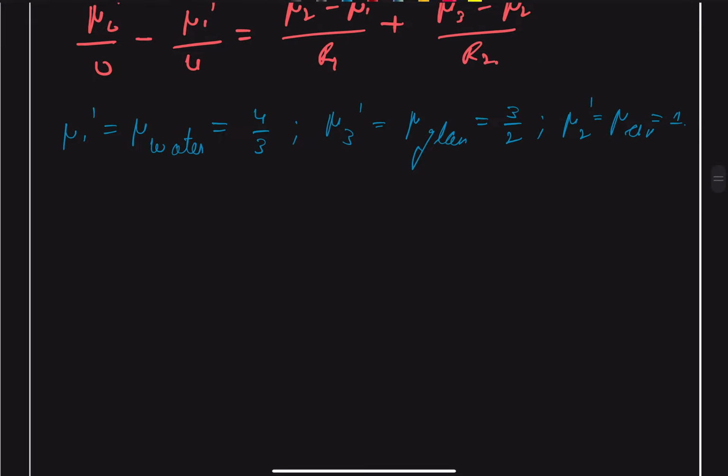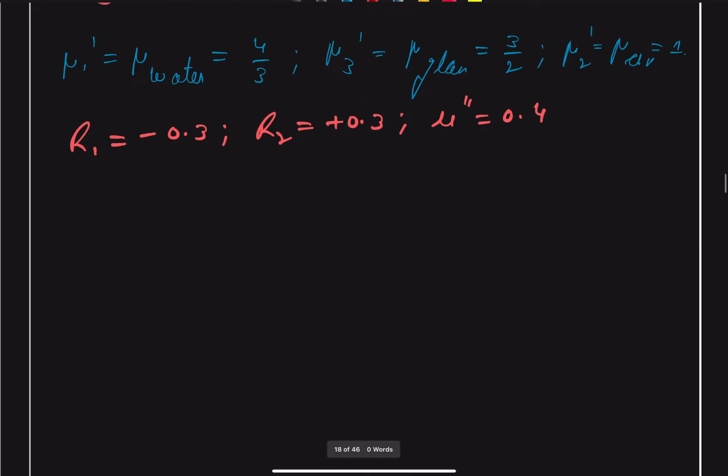We have r1 equal to minus 0.3, and r2 equal to plus 0.3, and we have our u double prime equal to 0.4, and v double prime we have to find out.